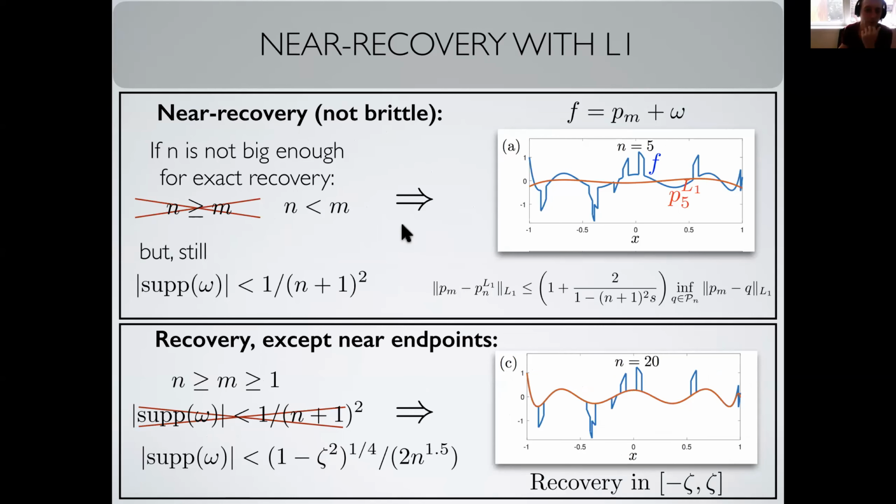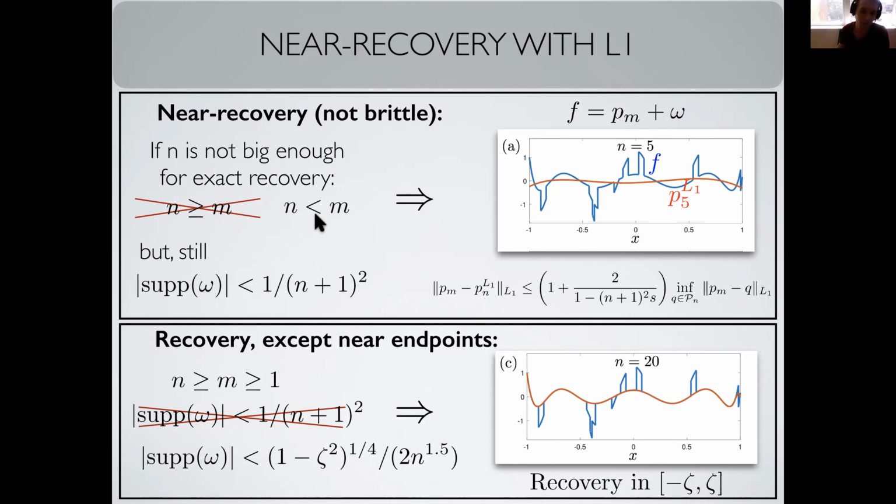You can go further and show that this L1 is not brittle, just like in the discrete case. So if n is not big enough for exact recovery, here I have this polynomial of degree 8, and I've tried to fit it by a polynomial of degree 5. You might hope that the polynomial of degree 5 won't exactly recover the underlying function, but does as well as possible with degree 5.